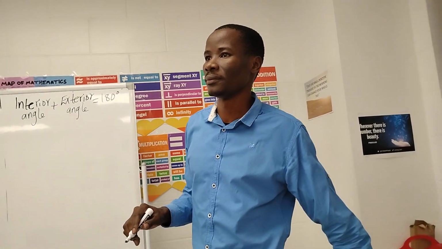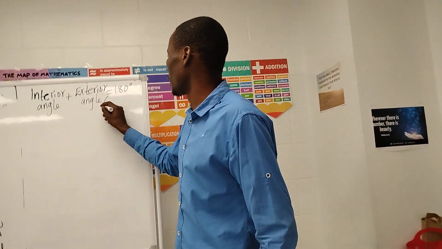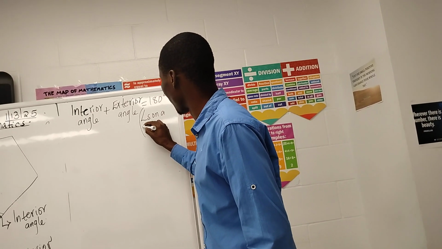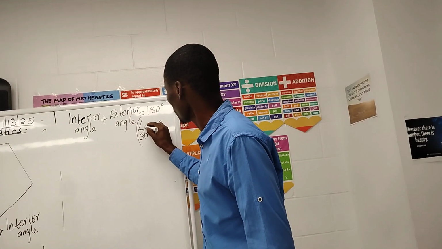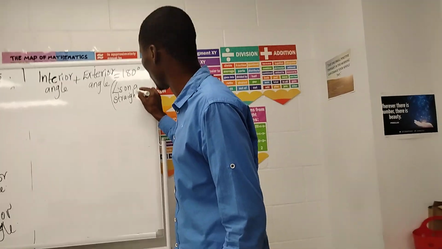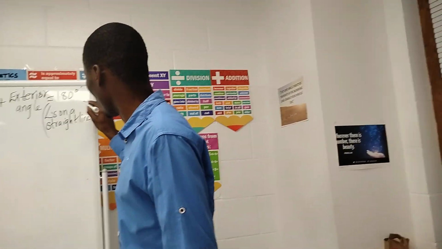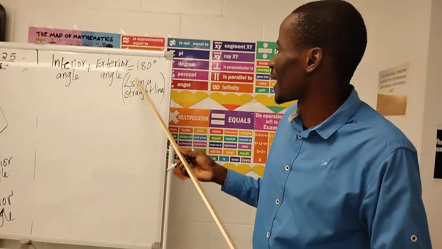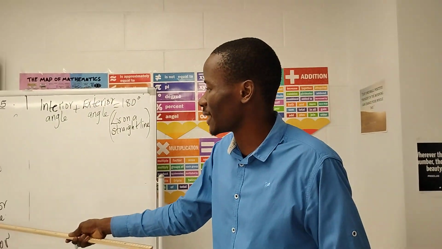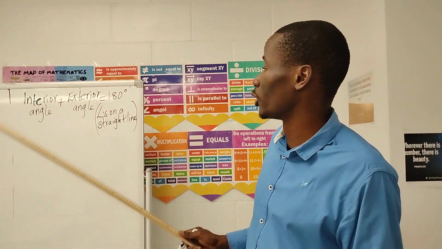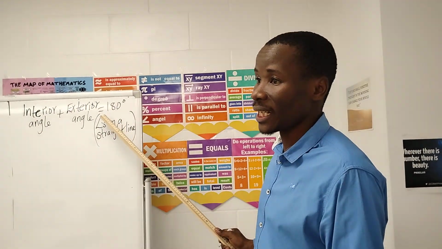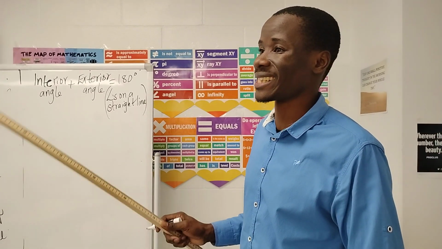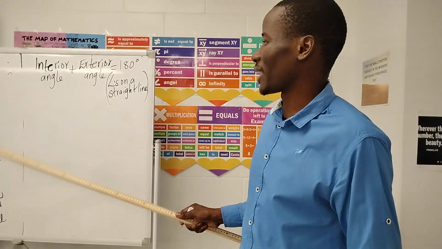What is the reason? I have already told you. They are angles on a straight line. So that is the reason that the interior angle and exterior angle of a regular polygon, when you add them, you must get 180 degrees.